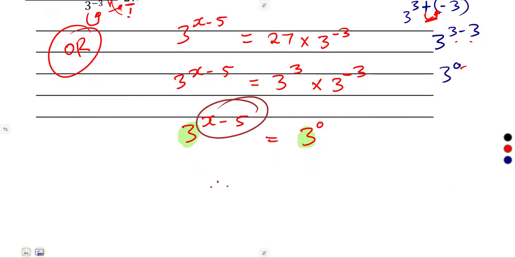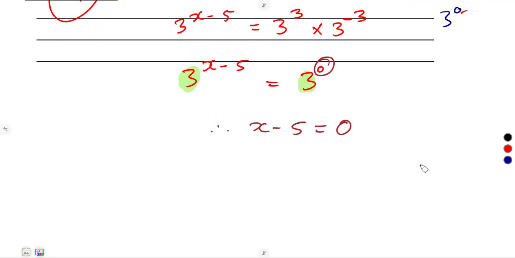So therefore, this exponent, which is x minus 5, must be equal to this exponent, which is 0. So solve for x. Take the minus 5 to the other side of the equation. It's going to be a plus, or you simply add 5 both sides of the equation.